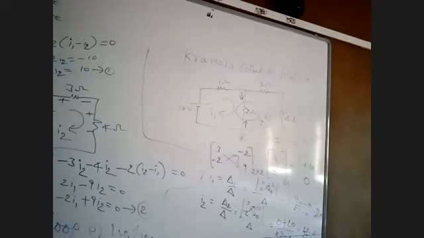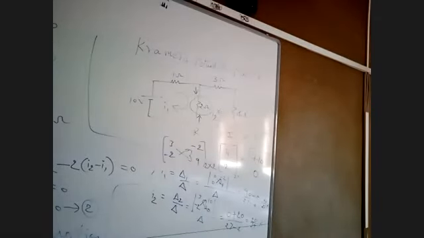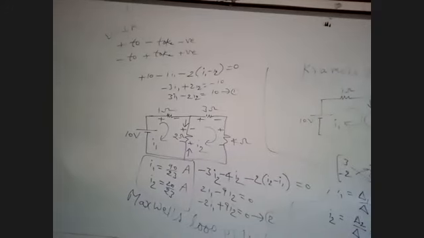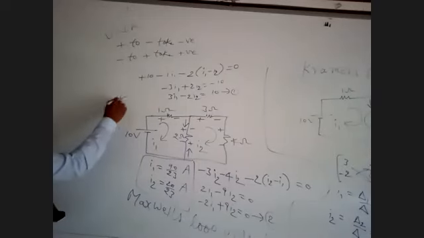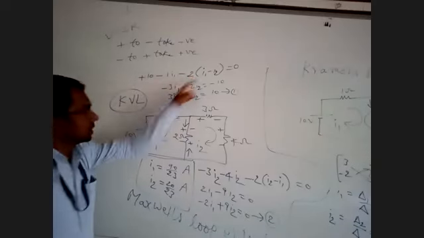First method is Maxwell's loop equation method. Have you written? Now we will go to the definition of KVL. See here, KVL definition. Algebraic sum of voltages. See, this is the voltage, this is voltage, this is voltage, in a loop.